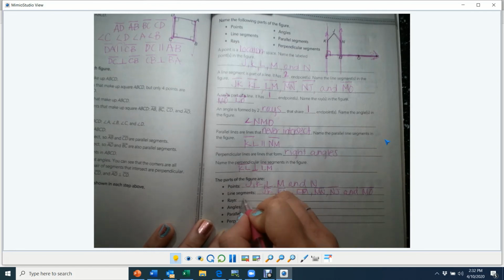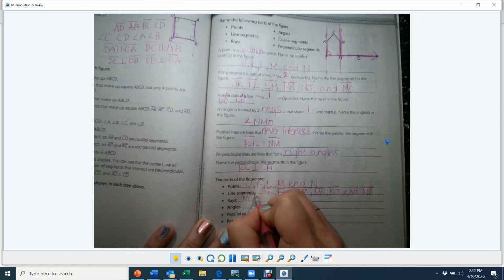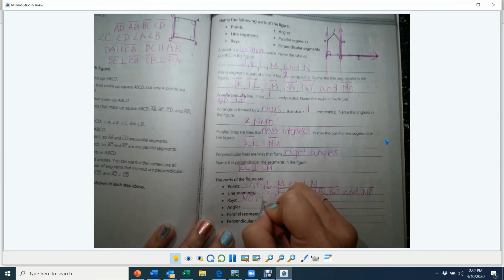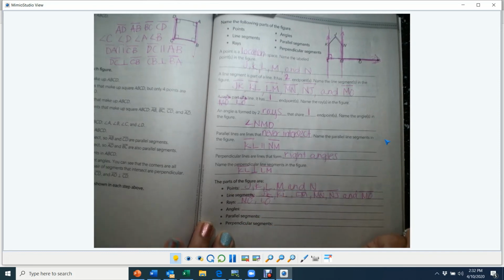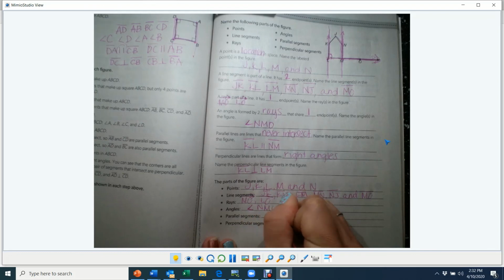Our rays that we talked about up there are MO and LO. We're just going to write the one angle we named just to save time. Our parallel segments that we talked about are KL is parallel to NM, and then the perpendicular one we named, line segment KL is perpendicular to LM.